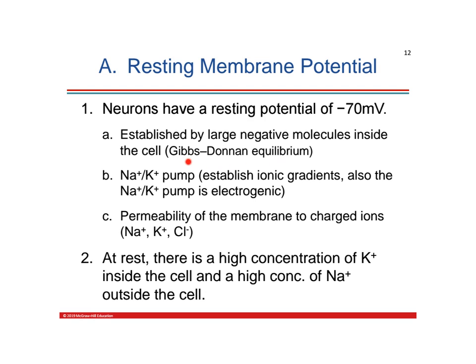You could look it up if you want to. It's not going to appear on a test or anything, but there's the Gibbs-Donnan equilibrium, which basically tells us that if we have large negative molecules that are inside of a cell, and these molecules are non-penetrating, in other words, they're sort of stuck within the cell, then they can lead to a negative potential inside of the cell relative to the outside of the cell.